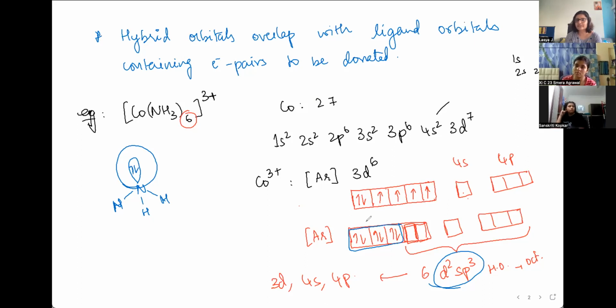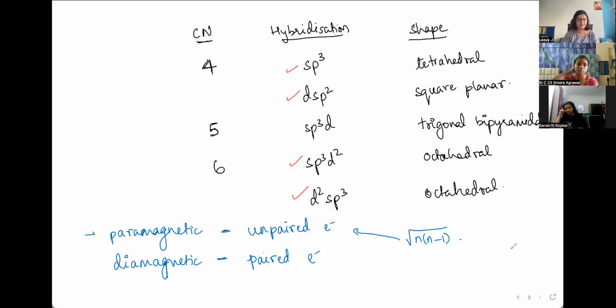So they figured out that the cobalt oxidation state is 3 plus, there is no magnetic moment, which means all electrons are paired up, and this should be the electronic configuration. Based on this they figured there are two empty d orbitals, s and p3, therefore the hybridization is d2sp3. That's kind of how valence bond theory worked.